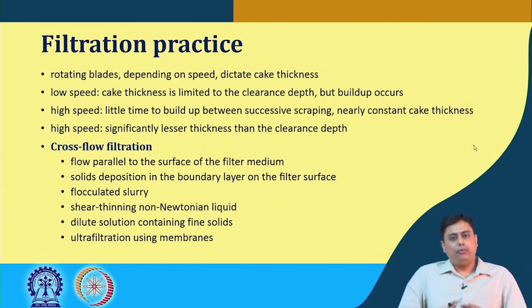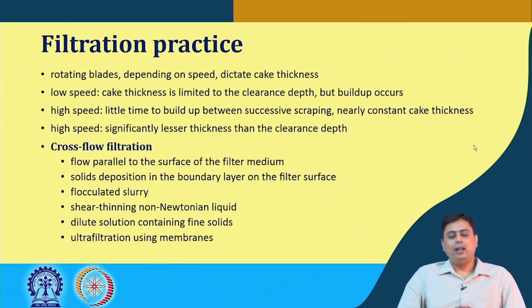Now, if these blades are rotating in nature, that is, inside the equipment there are rotating blades or rotating scrapers, then depending on the speed of those blades, different cake thicknesses, or different types of cakes, are achieved.